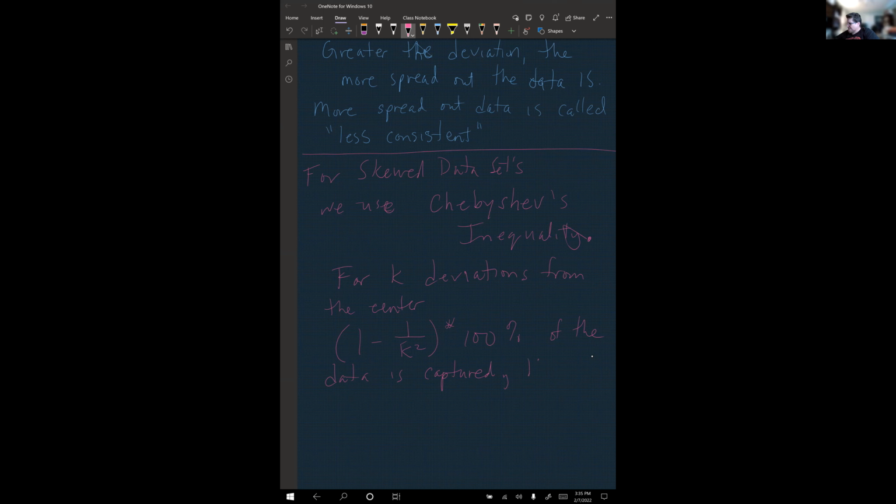And k has to be greater than 1. If k equals 1, I've got 1 minus 1 over 1 is 0, 0%. But it doesn't hold true for a lot of it.